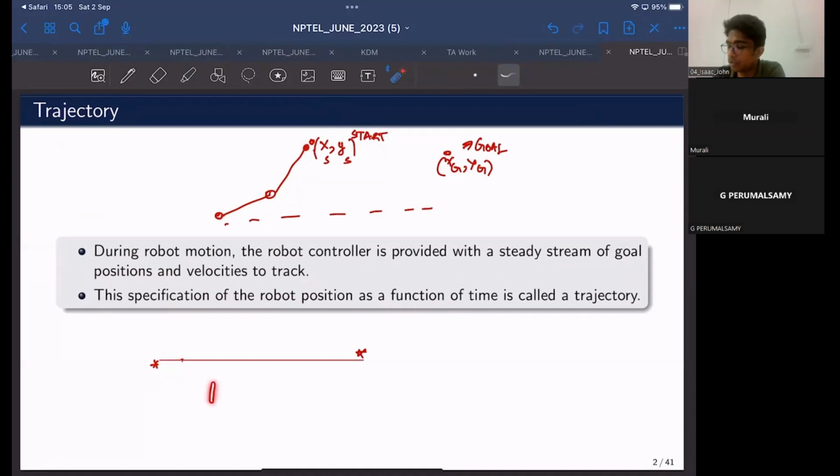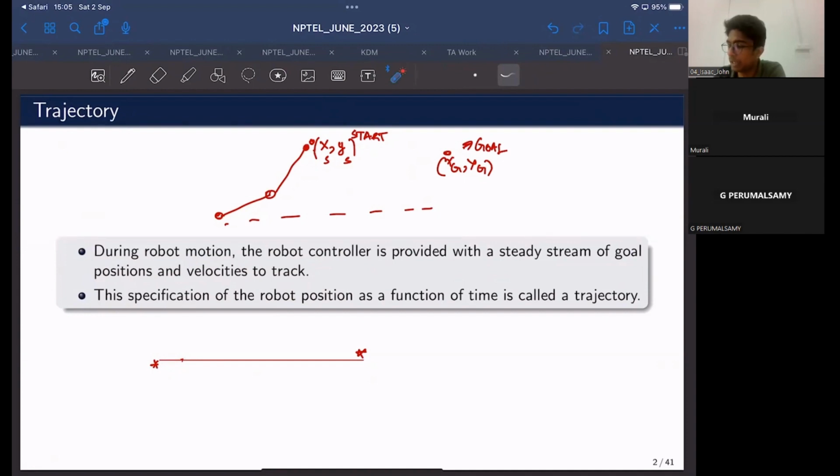So this is where the velocities, which are nothing but derivatives of positions, and accelerations come into the picture. Not only how you arrive at the goal position, but at what time you would be arriving at specific points is also a matter of interest, right?